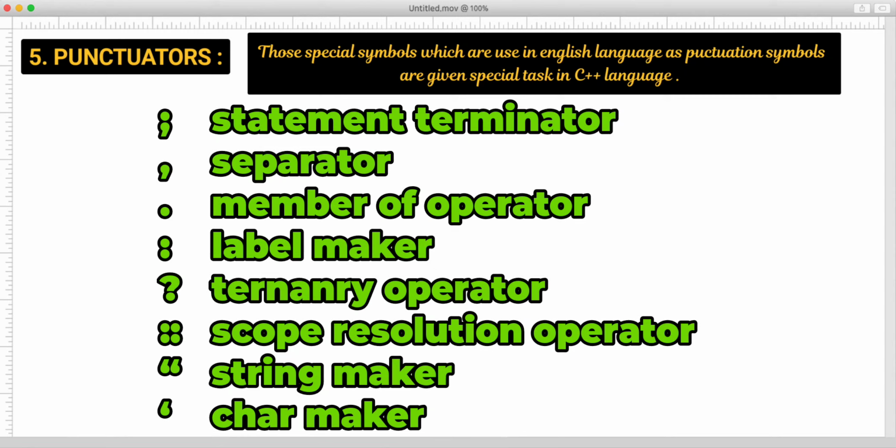These punctuators have certain meanings in C++. There are many more. As we learn to code, we will learn much more in detail about these. So hope you understand the concept of punctuators in C++.